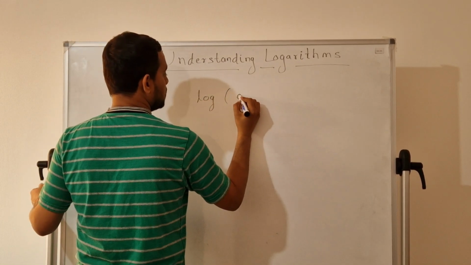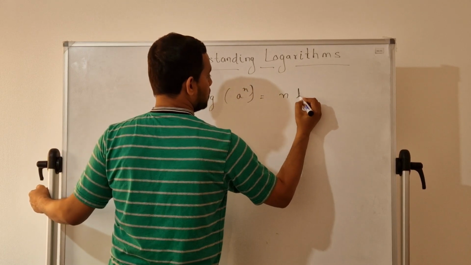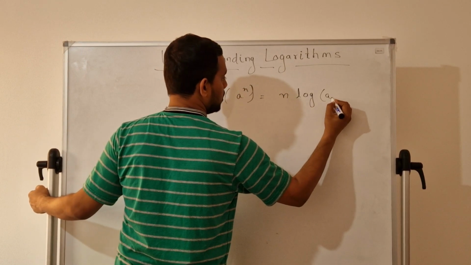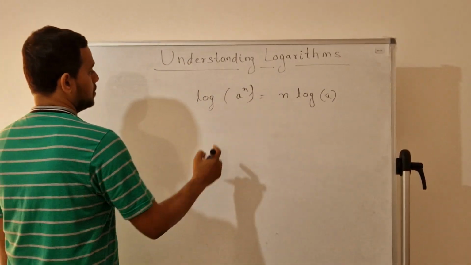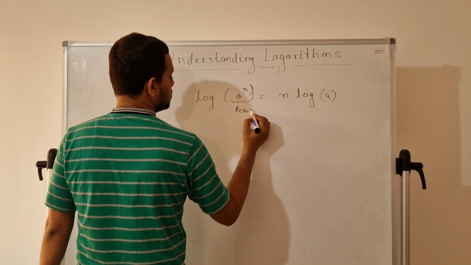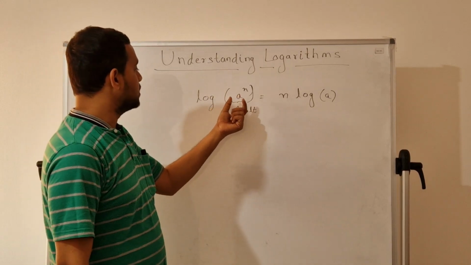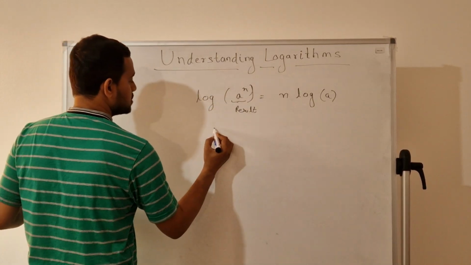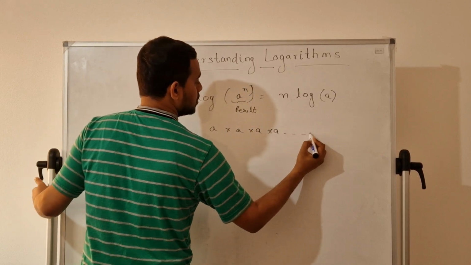Log of a raised to the power n is equal to n log a. What does this mean? This is our final result, right? If our final result is a raised to the power n, what this means is it is a into a into a into a, n times.